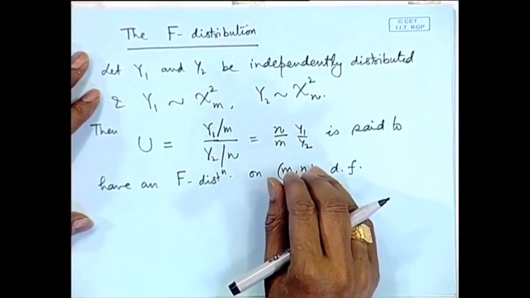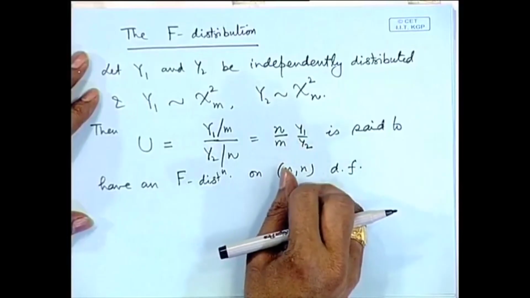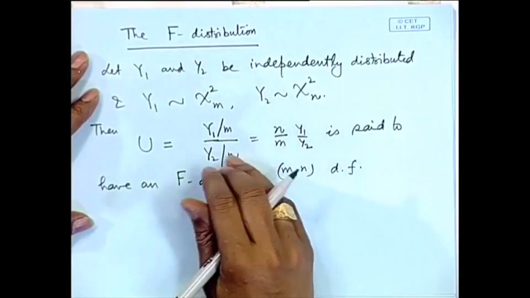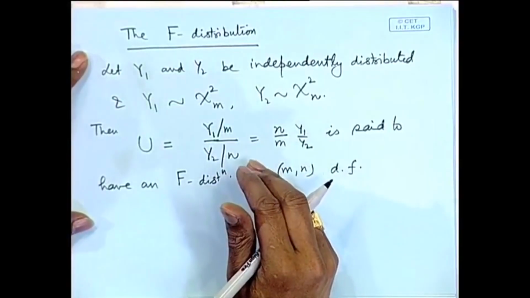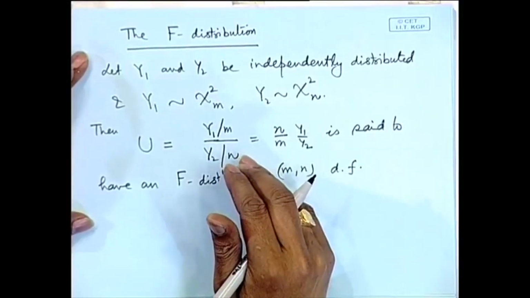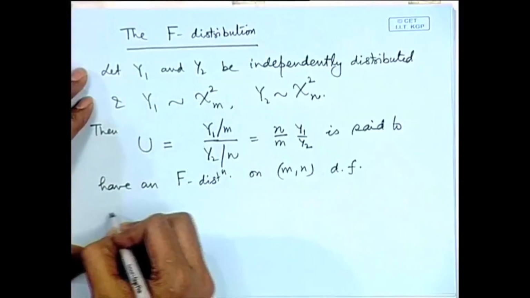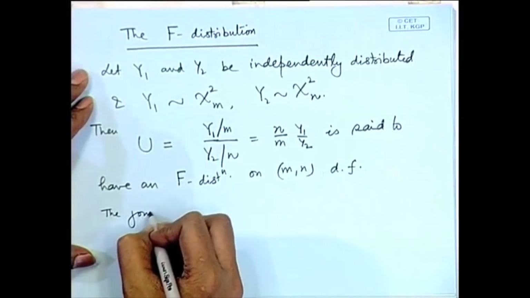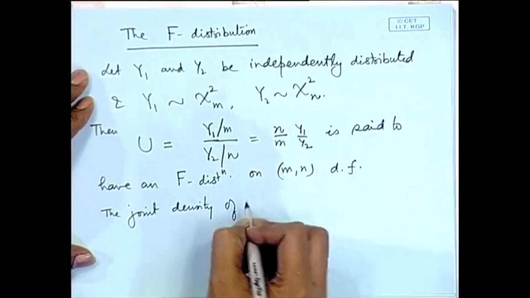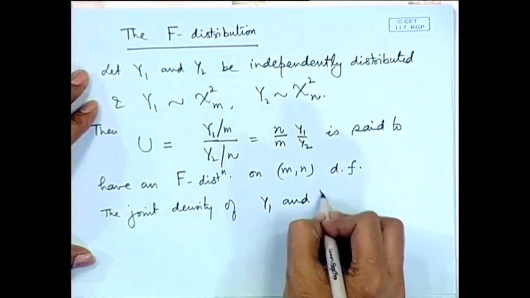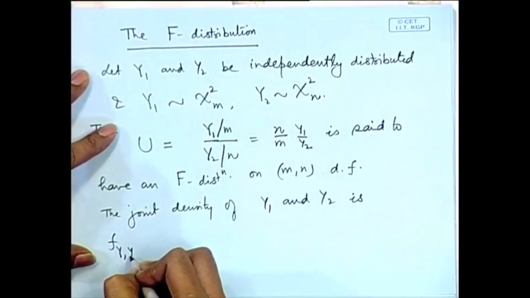Now, by our theory of transformation of random variables, u is a function of y1 and y2, therefore, I can use a new dummy variable v and find out the joint density of u and v to derive the probability density function of u. So, for that purpose we write the joint density of y1 and y2, f of y1, y2.